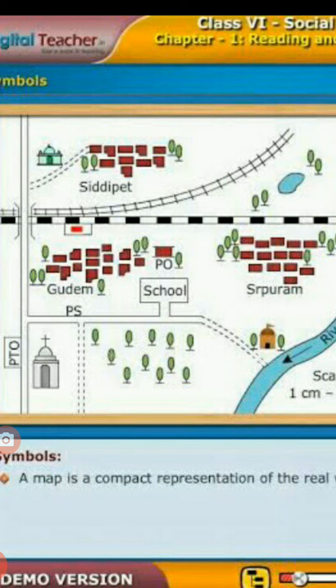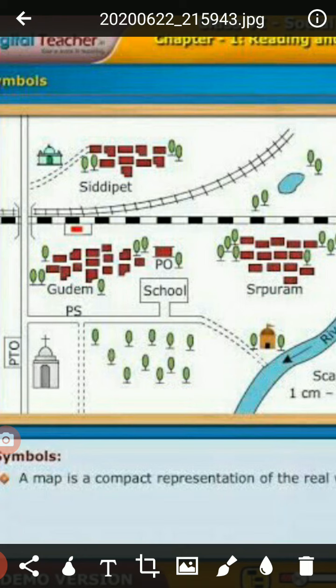Along with the symbols, there are also some colors. Maps are also shown with colors. Then what do these colors indicate? There are brown, green, and yellow colors. All these colors we find in maps.